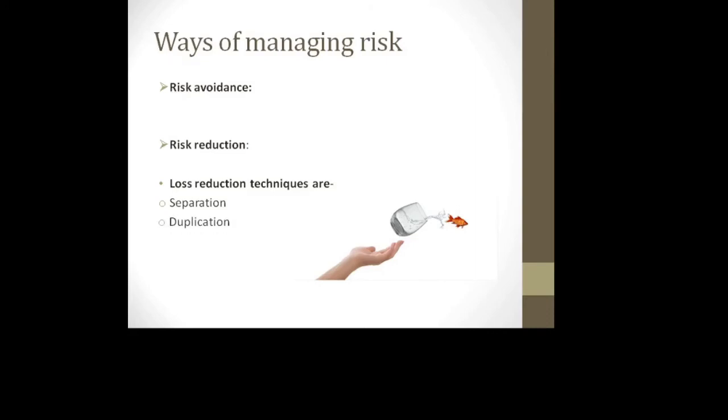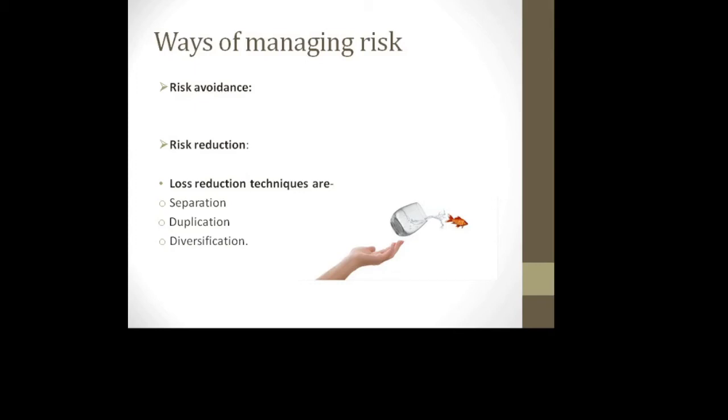The next technique we can use is duplication. What is duplication? This involves keeping backup copies so that any loss will neither interrupt business nor be irretrievable. The last one is diversification. It is very important. With diversification, we spread risk across areas which may not be affected equally or at the same time.